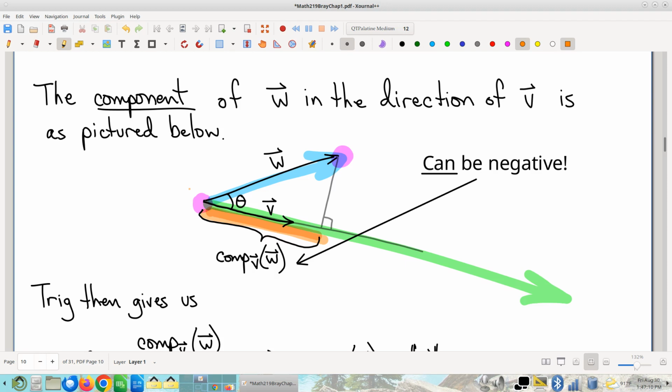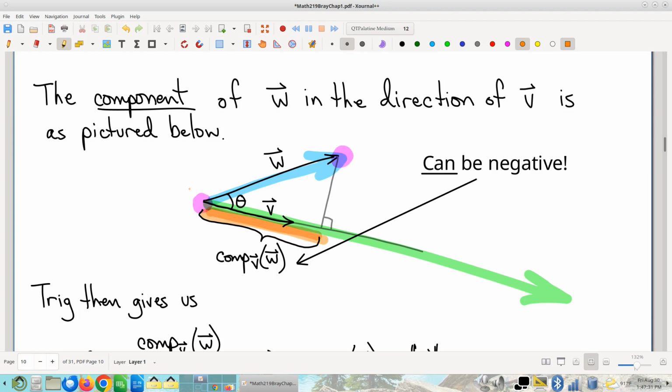AKA, if you sack the quarterback, that's a loss. That's negative yardage, yes. It's the same idea as projections. Very closely related, but importantly different. We'll talk about that in a couple seconds. So it's a scalar. It's kind of like a distance, but importantly not exactly.